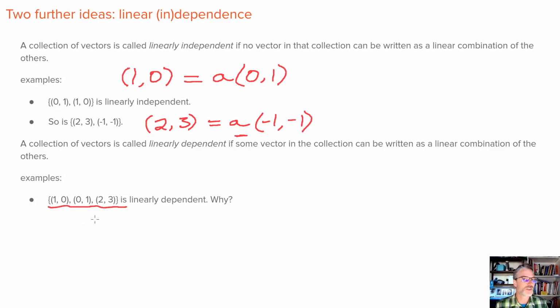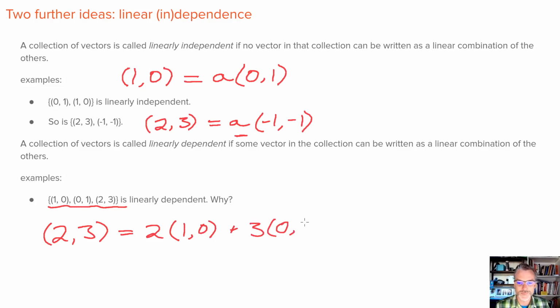So one of the vectors in here can be written as a linear combination of the others. And not surprisingly, 2, 3 can be written as 2 times 1, 0 plus 3 times 0, 1. Considering I can do this, that I can find these numbers, then we say this entire set is linearly dependent.